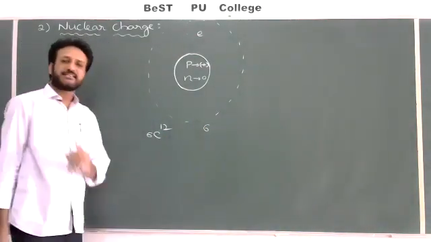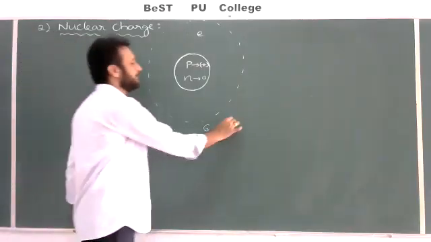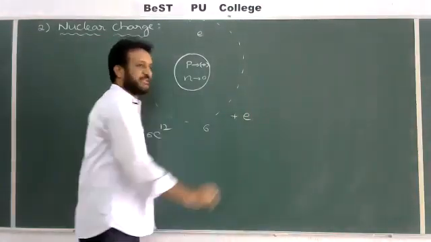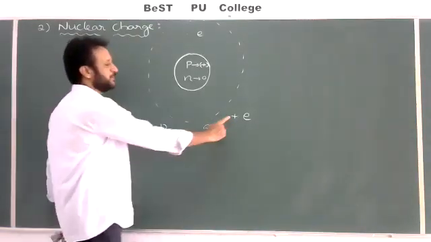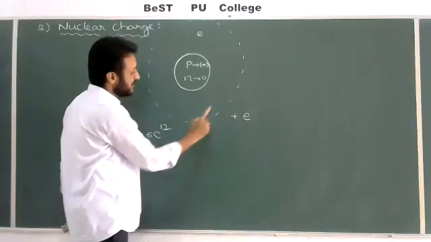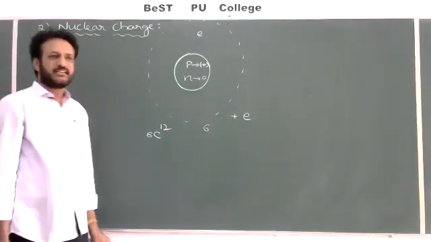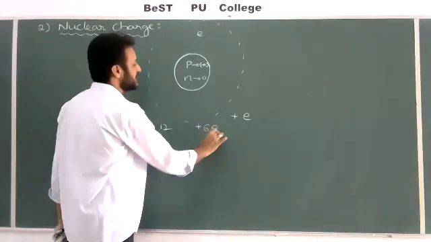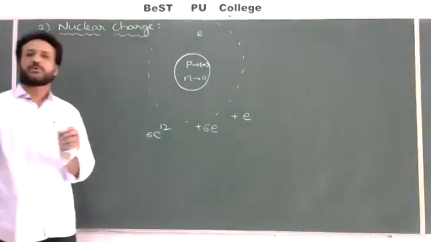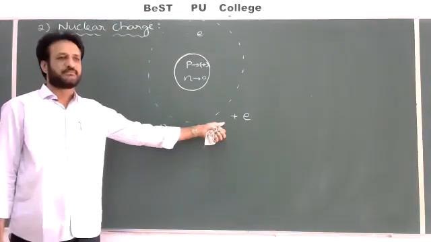Correct? The charge of one proton is, for example, plus e, where e means 1.6 × 10^-19 coulomb. Already we know. So the charge of one proton is plus e, and the charge of 6 protons is 6e. So the charge of the carbon nucleus is 6 times the charge of the proton, nothing but 6 × 1.6 × 10^-19 coulomb.